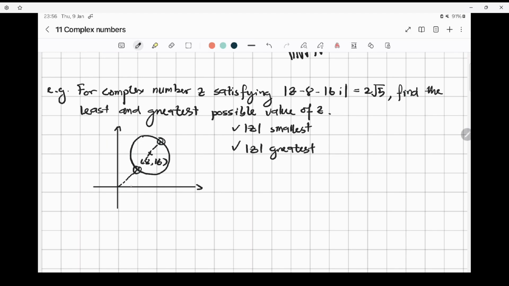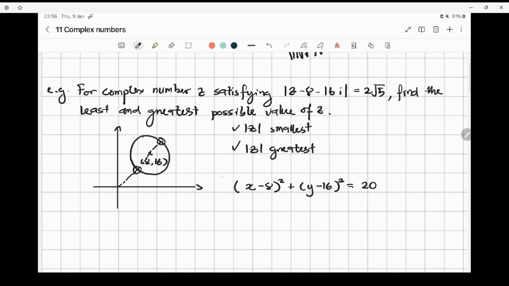So first we need to identify the straight line, and then we need to identify the equation of a circle. The equation of a circle is not that difficult. Basically that will be given by x minus 8 squared plus y minus 16 squared equals the square of 2 square root 5, so that will be 20.